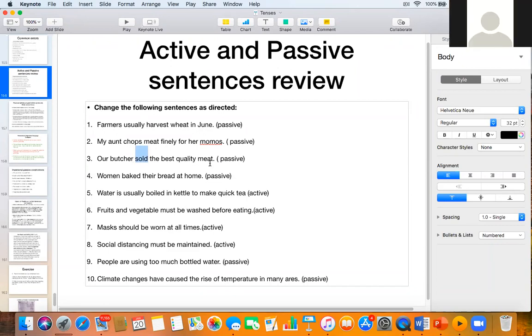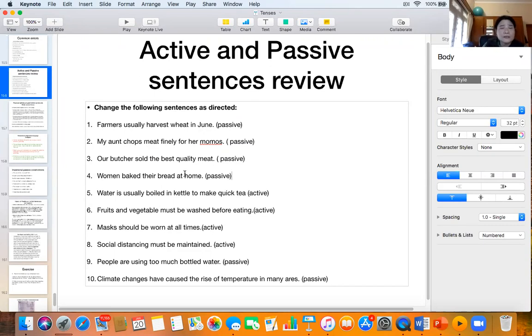In the passive sentence, you use a be verb with the third form of the verb. So be careful. If it is past, use was. If it is plural, use were. If it's present, is; present plural, are. All right. Now, what about number 4? Women baked their bread at home.